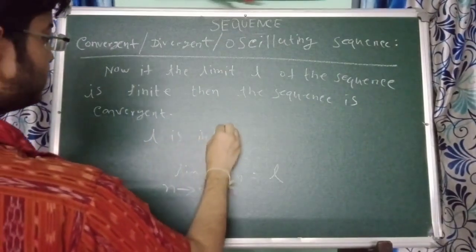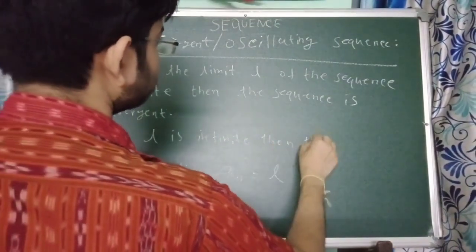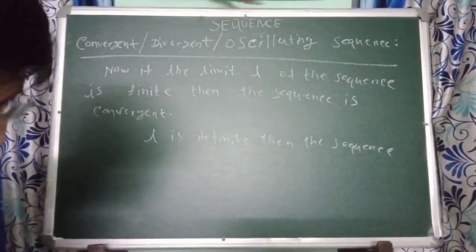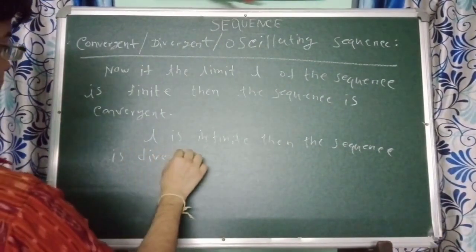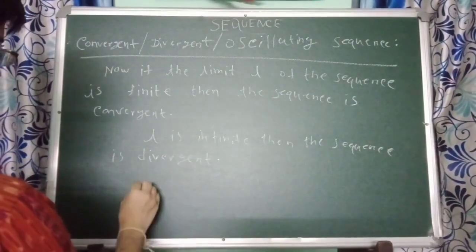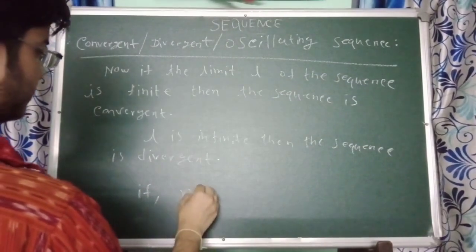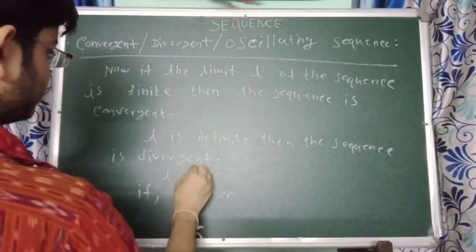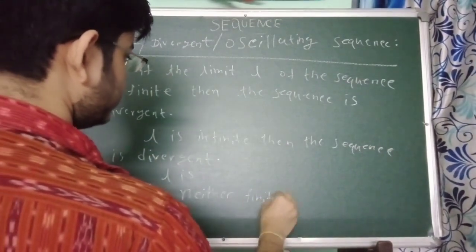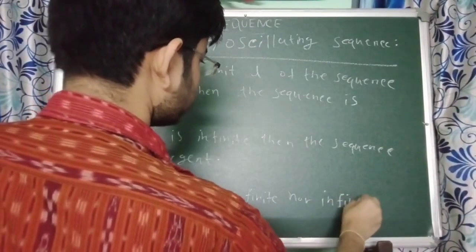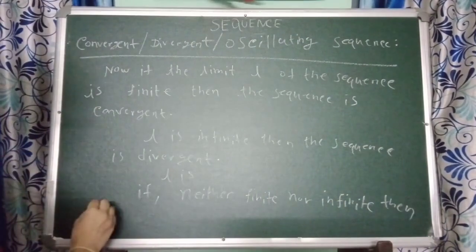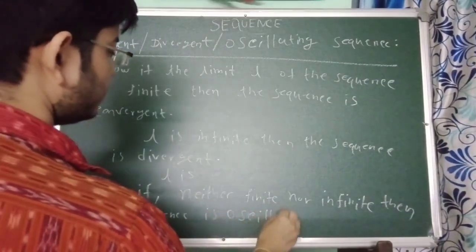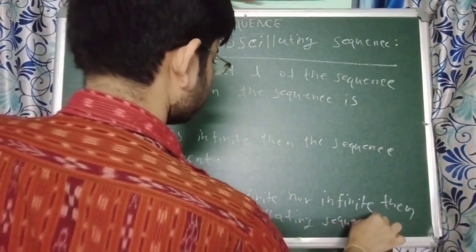If L is infinite, then the sequence is divergent, and if L is neither finite nor infinite, then the sequence is an oscillating sequence.